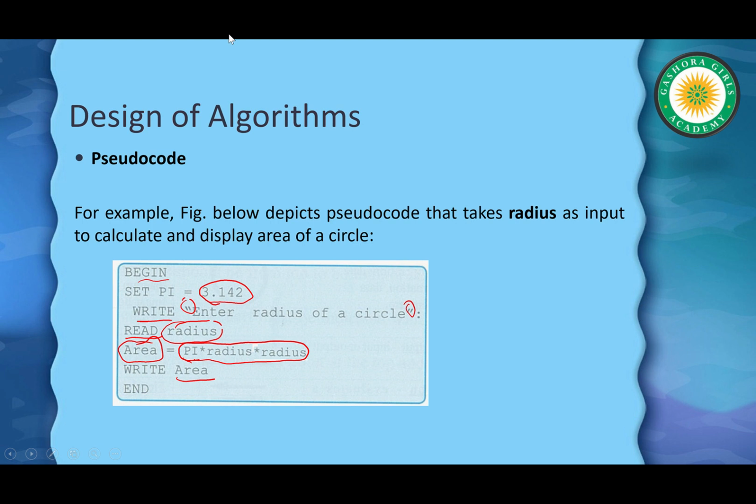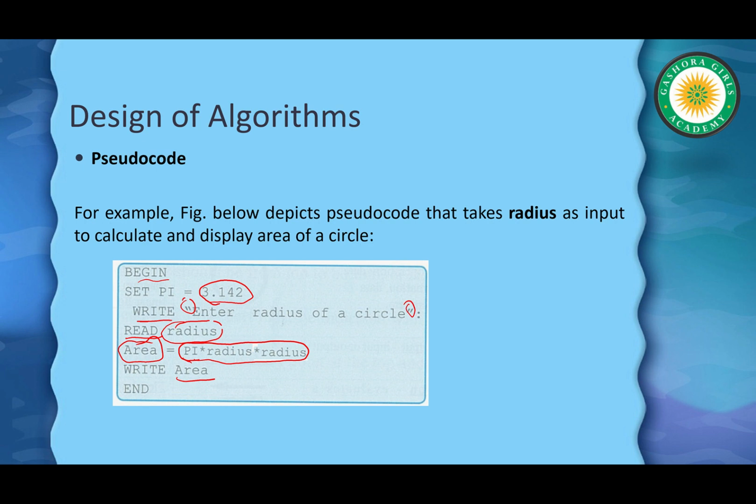So basically this pseudocode or algorithm will initialize or store the value of pi in a variable called pi. Then it will ask the user to enter or supply the value of radius. The value will be entered by the user.